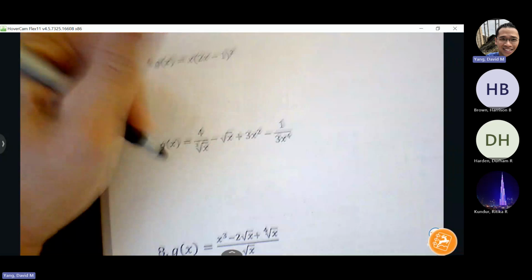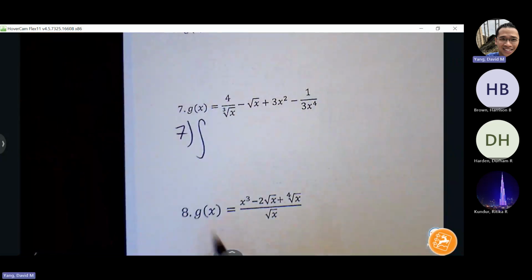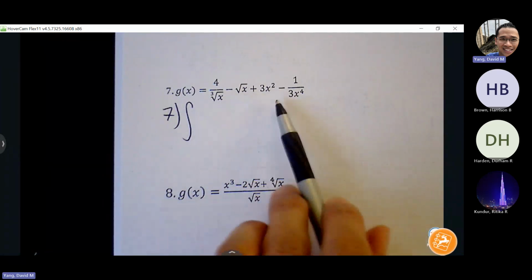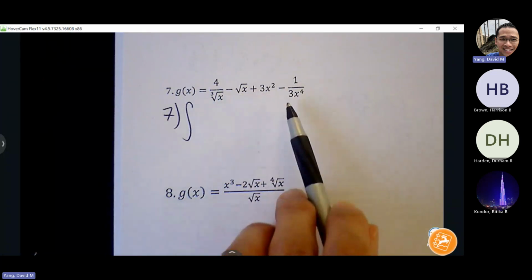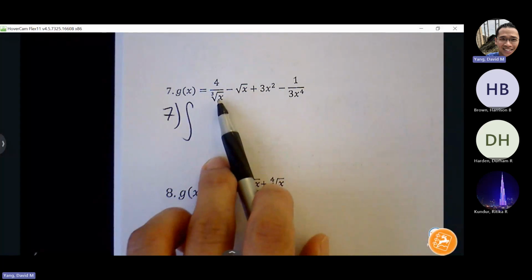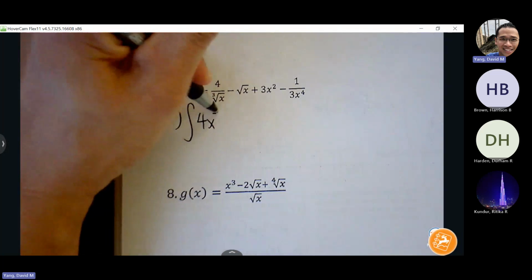So number 7, we'll take the antiderivative. And as I do this, I'm going to clean up my expressions. I know that to do power rule, my variable has to be up top and it has to be converted to rational exponents. So the cube root of x turns into what? Yeah, x to the 1/3, and we want to push that x up to the top, so 4x to the negative 1/3.